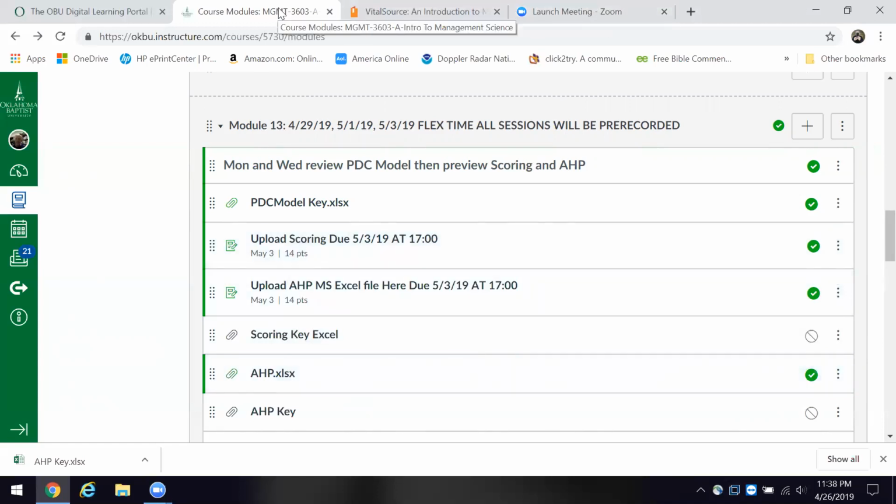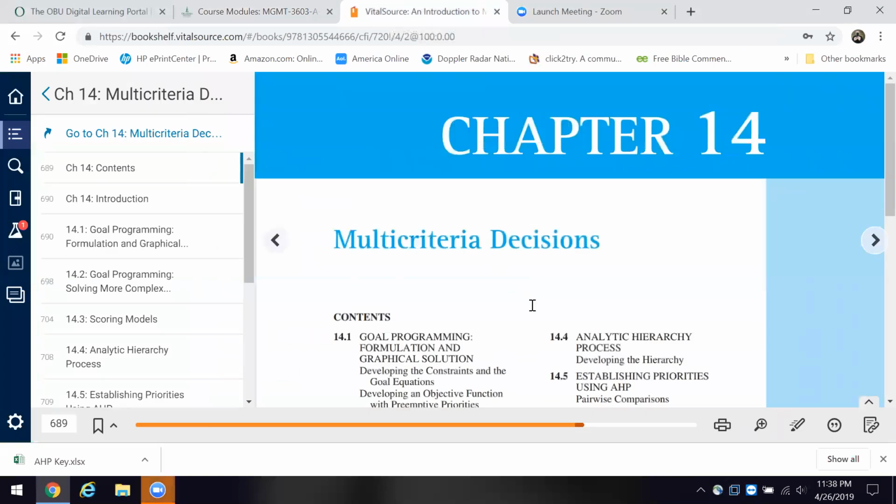And we're over here in chapter 14, okay? And we'll go over here to the text. Here we're talking about multi-criteria decisions. Now, so far we've worked basically with optimization, where we've looked at a minimum, a maximum, or a target value.